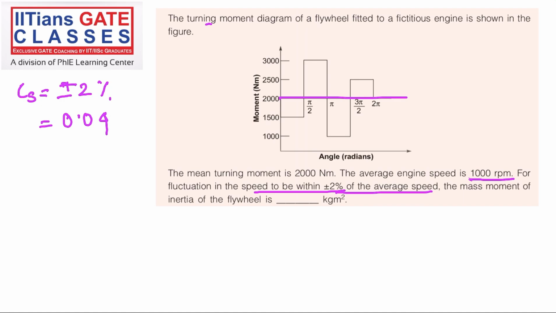Okay, the value of N is given in RPM, so omega becomes 2 pi N by 60.